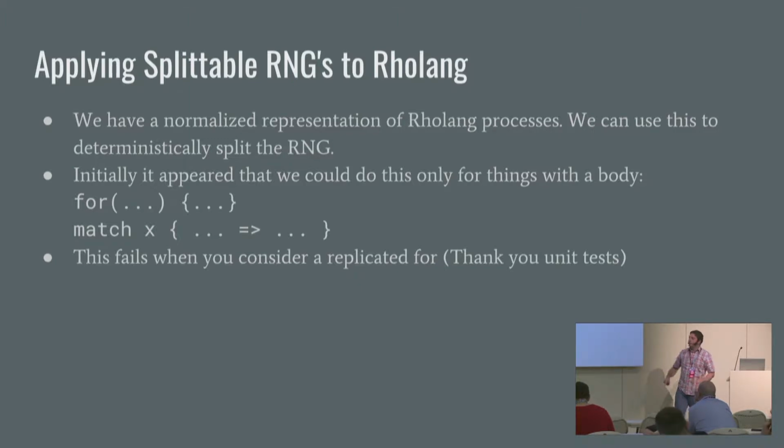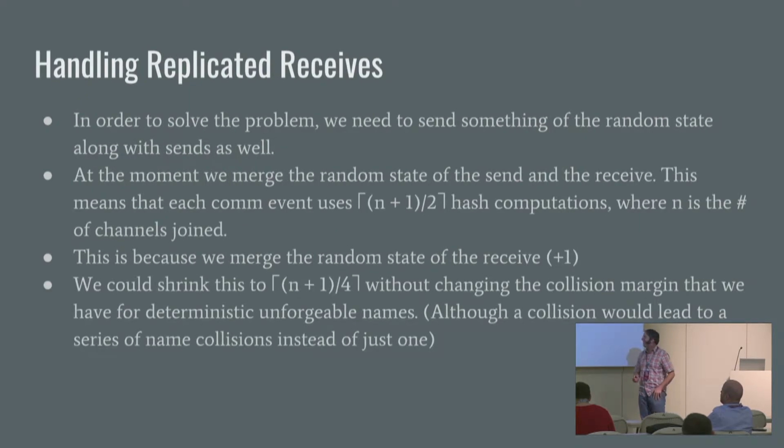The problem with this is that if you have a replicated for, the random number generator state gets stored once. Then we load it back up, and we run it. The first time, this is lovely, but the second time, we generate the same deterministic unforgeable name. It turns out they were a little too deterministic. I should have put in the XKCD slide about this. So that was the problem.